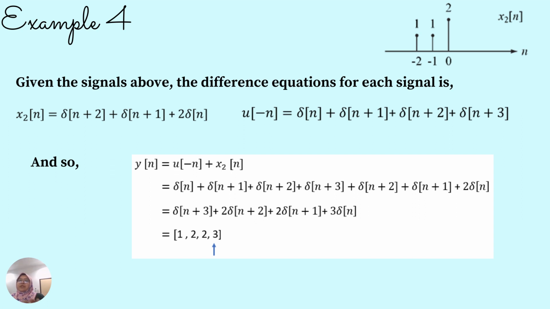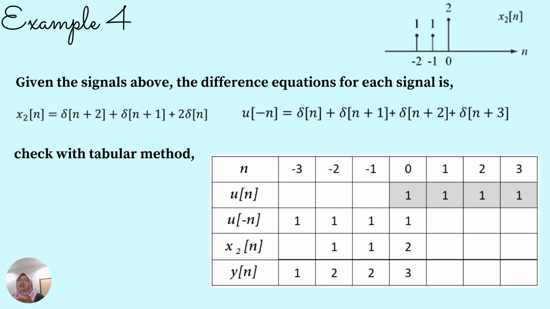So the 3 being n equals 0. Again, kita boleh check dengan secara tabular method. Okay, so saya just tulis saja u n tadi tu. So u n saya tulis dulu, n kita define daripada 0 hingga 3 kan. So dia value dia adalah 0 hingga 3 je tadi. And then kita buat folding.